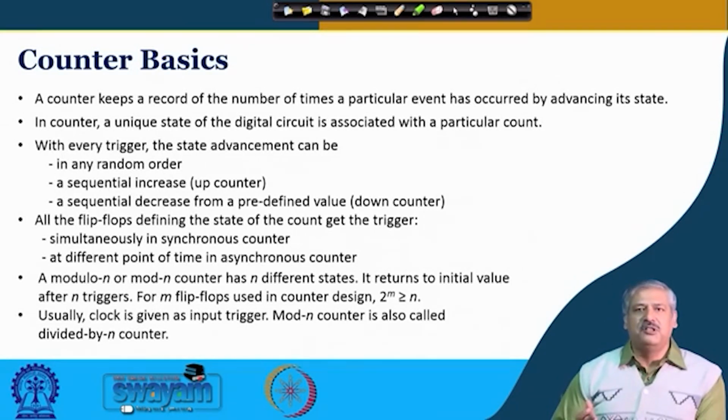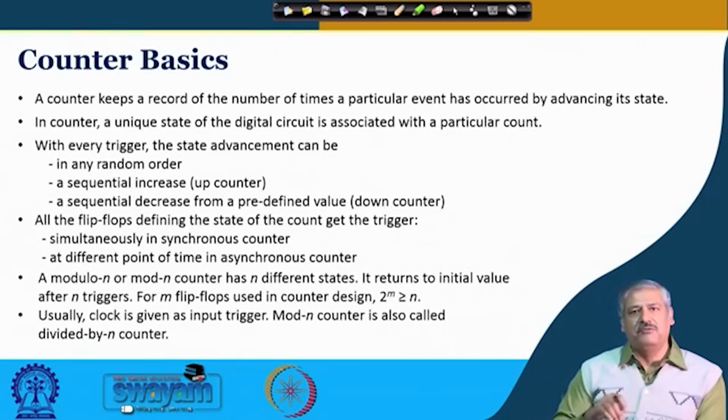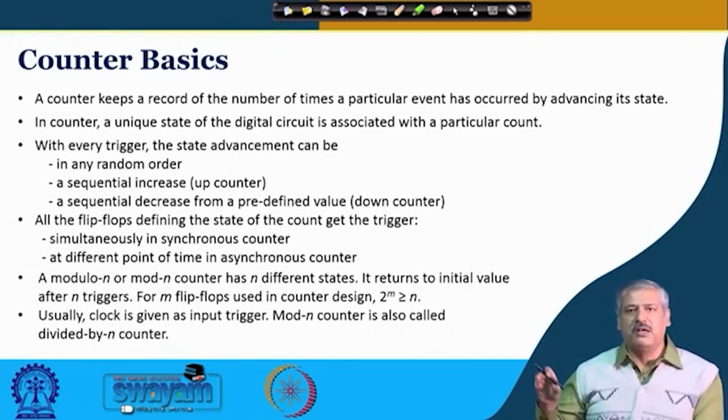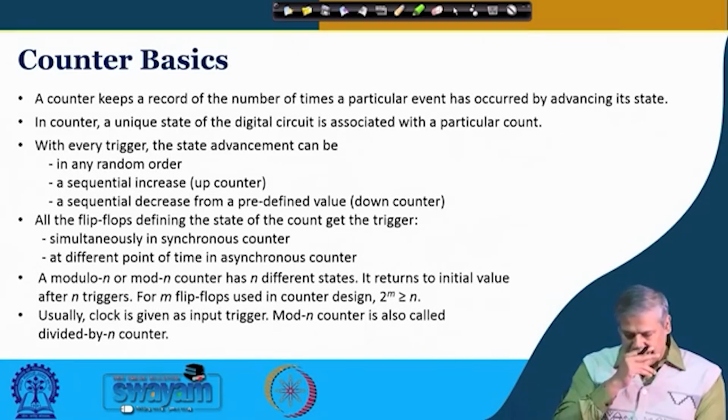And if the external trigger goes to one of the flip flops, then that flip flop in turn triggers the next, and so on and so forth, as if the effect of one is passed on to the other in a ripple manner. So, that is called a ripple counter. Also, because it is happening at different points of time, it is not exactly synchronous with the external trigger. So it is also called an asynchronous counter.